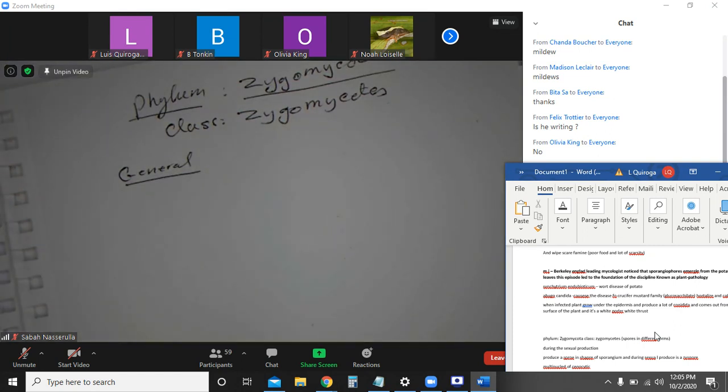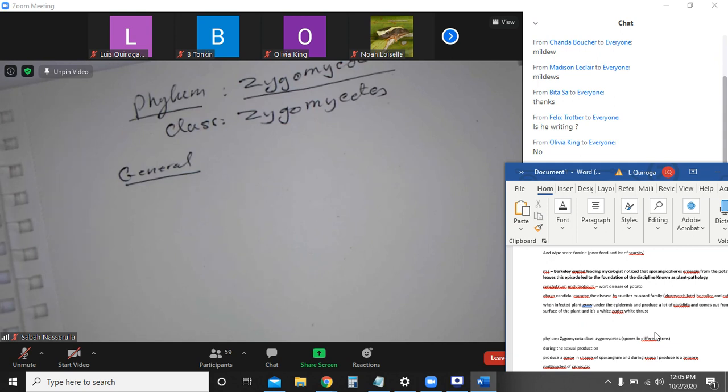I'm going to give you a little bit of outline of this. Some species of this group could be important, and some could also cause pathogenic infections, so we're going to have different groups.